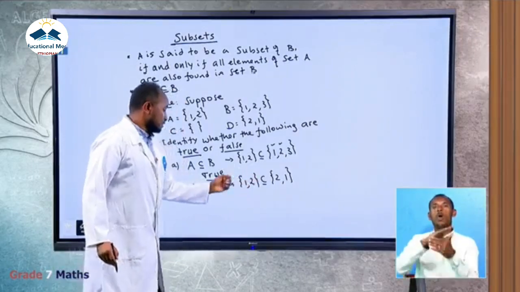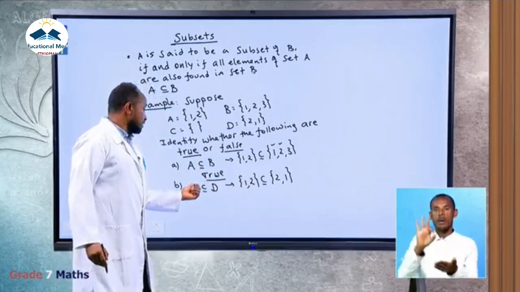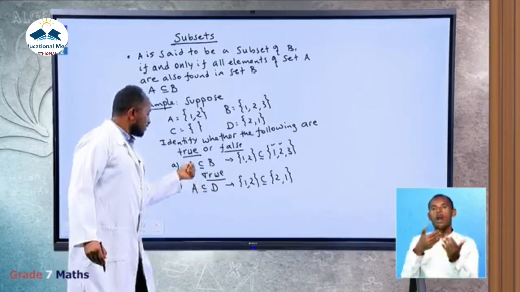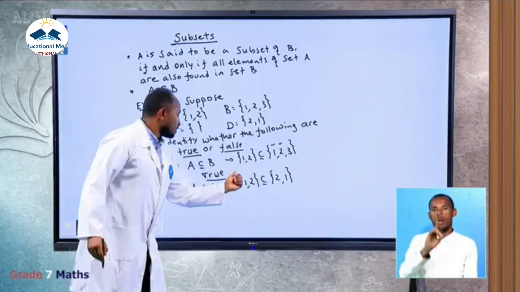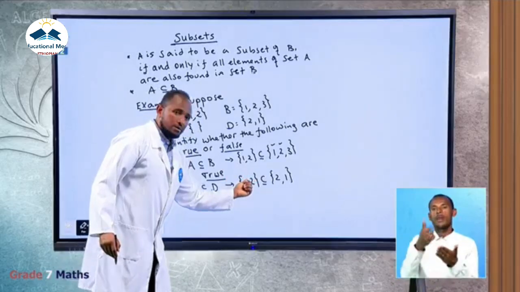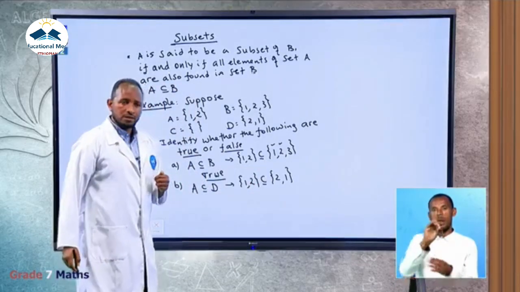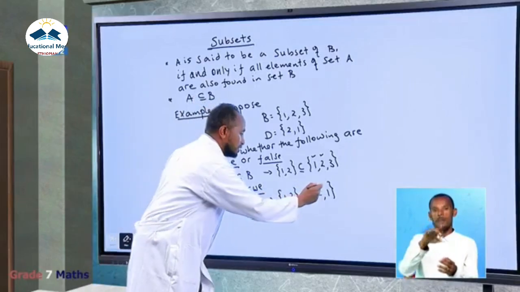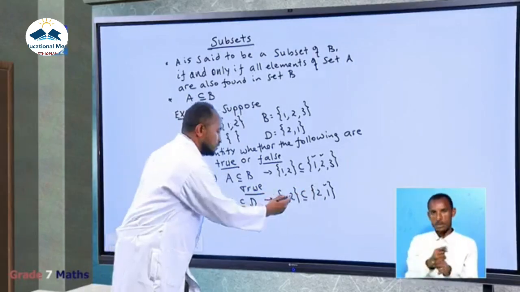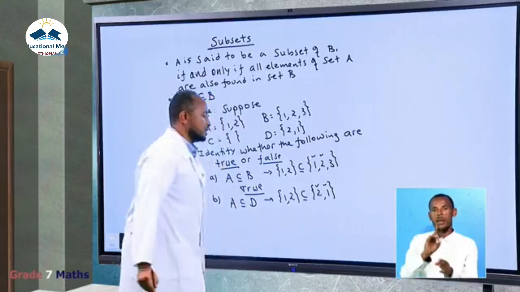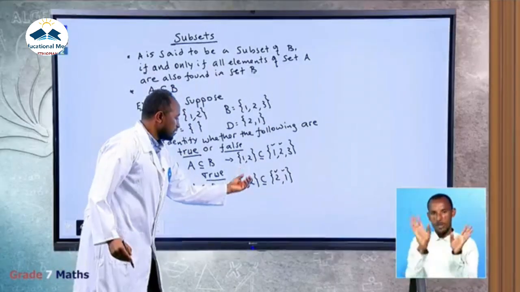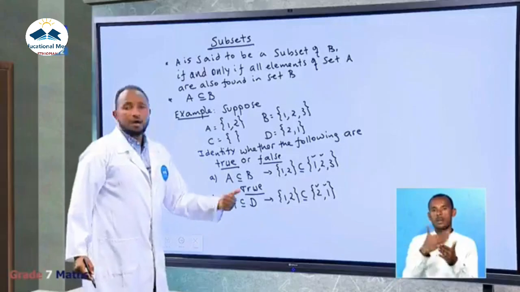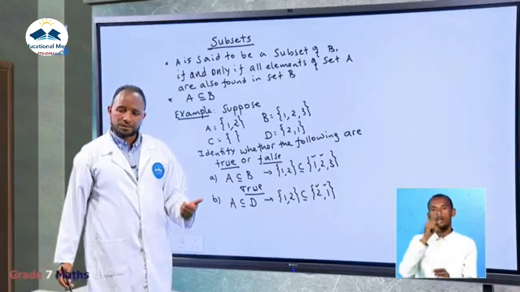When you see the elements, set A contains the elements 1 and 2. D contains the elements 2 and 1. A subset of D means all elements here are found in D. Okay, let's check it. Is 1 found? Yes, in the next set. Is 2 in the second set? There is. So all elements here are also found in this set. Therefore, A is subset of D is a correct statement.